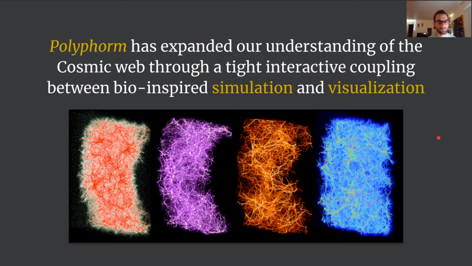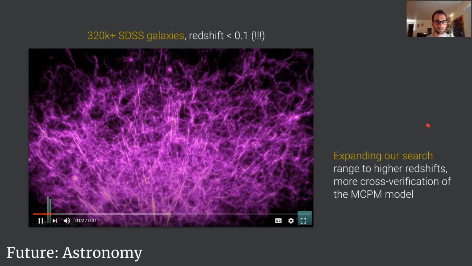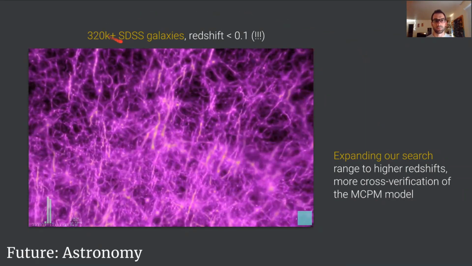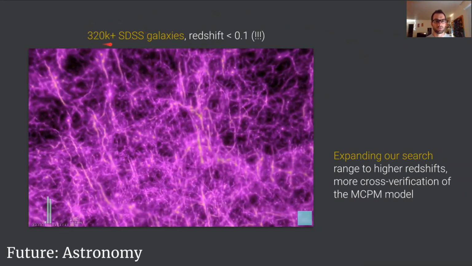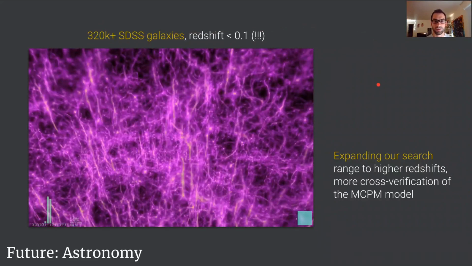So the take-home message from all this is that Polyphorm has actually expanded our understanding of the cosmic web thanks to tight and interactive coupling between a bio-inspired visualization of the cosmic web and simulation. So in the future, we want to definitely expand our research. Here is the first prototype of fitting to about 10 times the number of galaxies that we contained in this study.